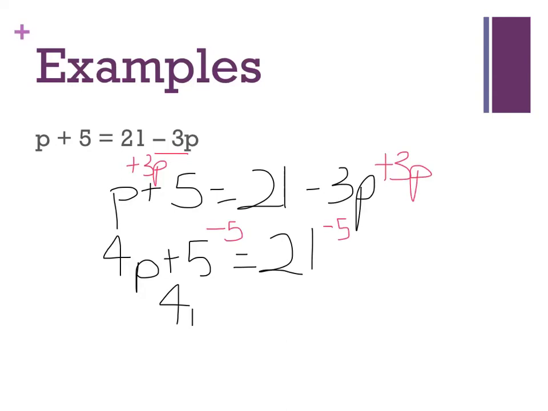So that comes up with 4P equaling 16. If 4P equals 16, that multiplication can only be undone by doing the opposite, division. So I divide this side by 4 and I divide that side by 4 in order to find out what 1P equals.